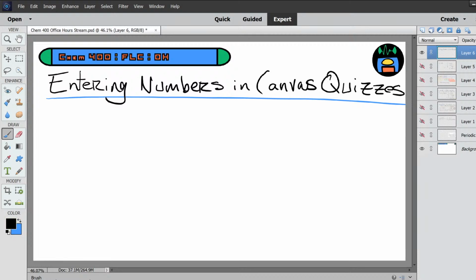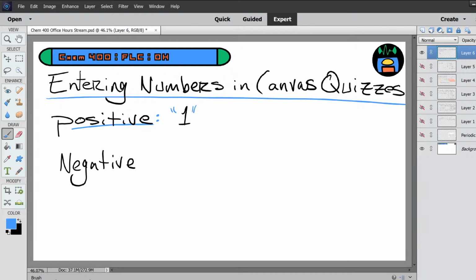If your number is positive, then you enter your answer as simply that number. There's no need to put a plus sign in front of it. You just enter it as 1. If your answer is negative, you enter your answer as a negative sign followed by the number.